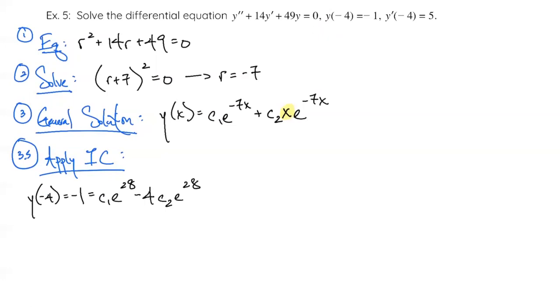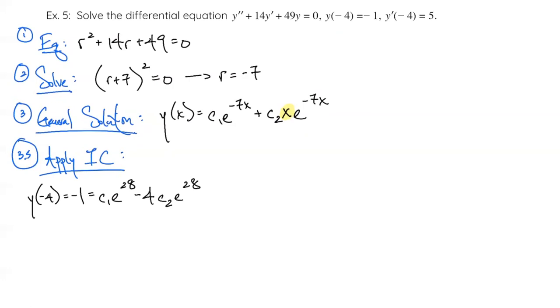All right, so that's my first initial condition. But our second initial condition will deal with y prime. That means I'm going to need to take a derivative here. And so that's sort of the extent of our calculus: we're going to use those derivatives to help us apply the initial condition.